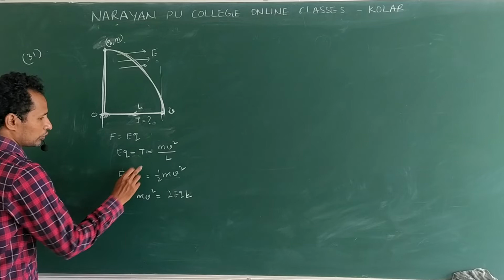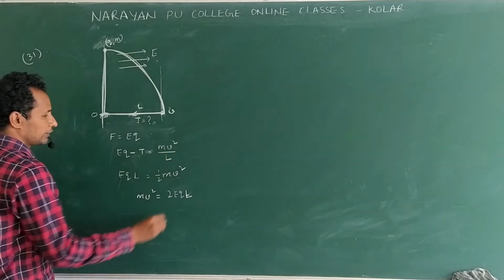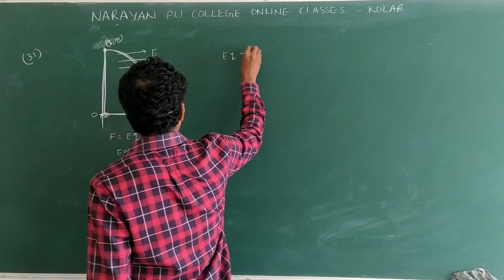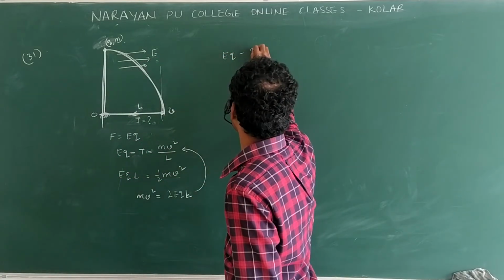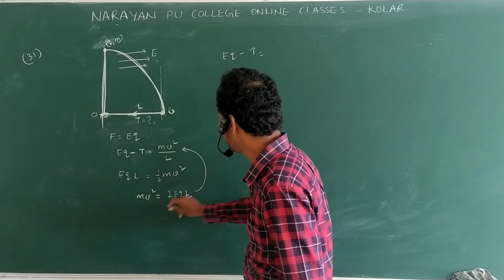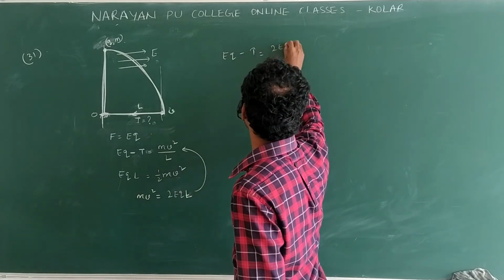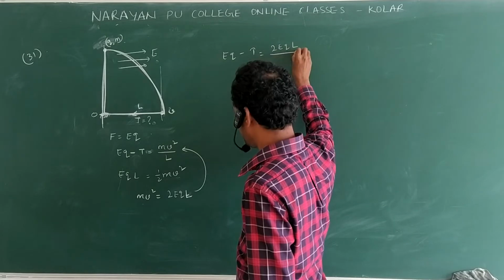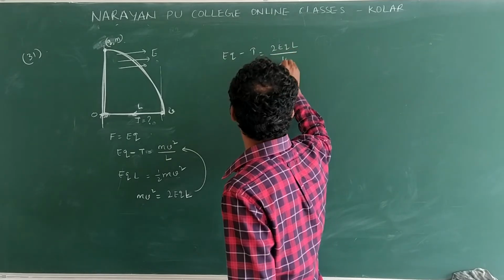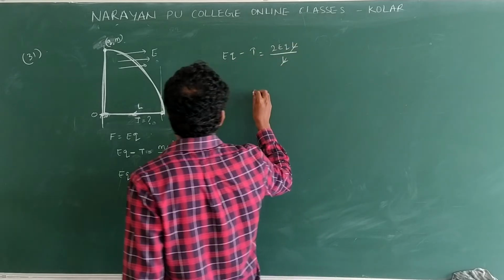Now substitute this value in this equation: EQ minus T is equal to mv square by L, which is 2EQL by L. The L cancels.